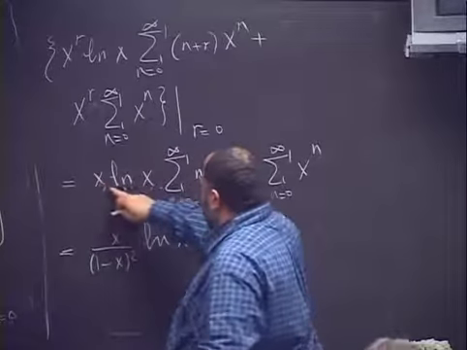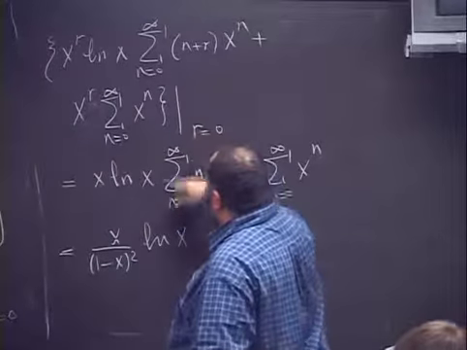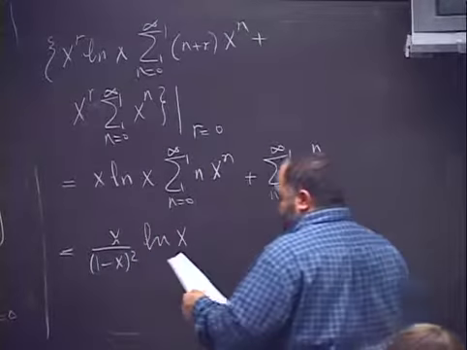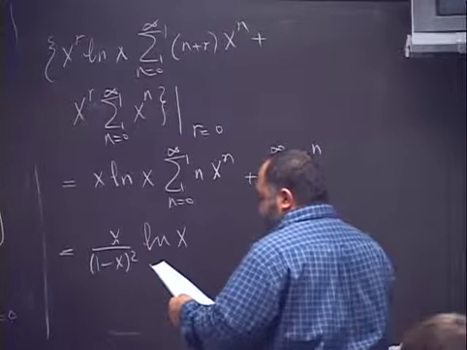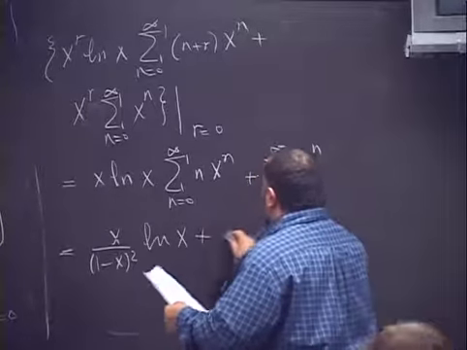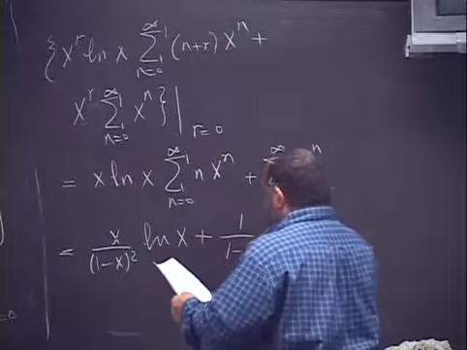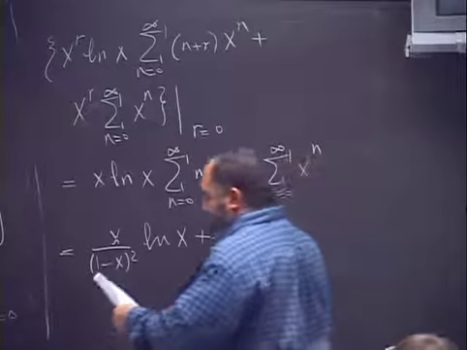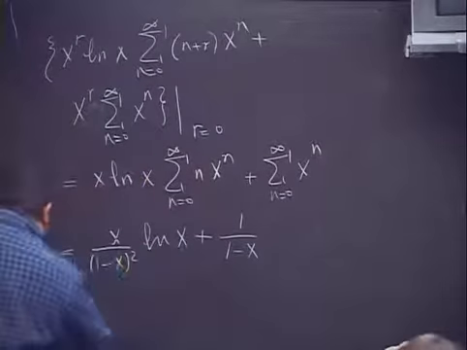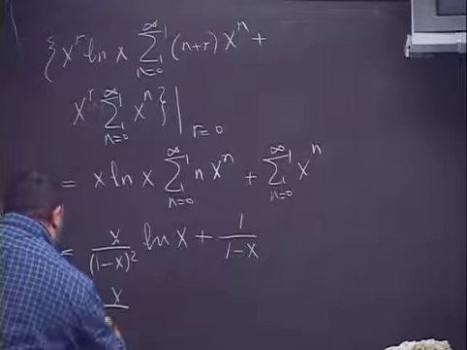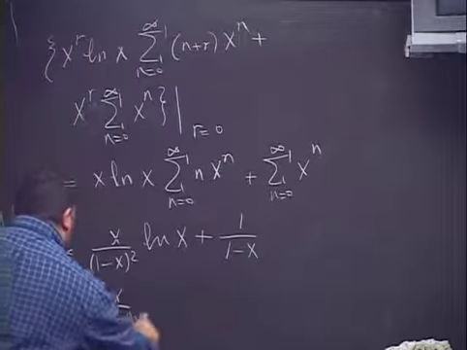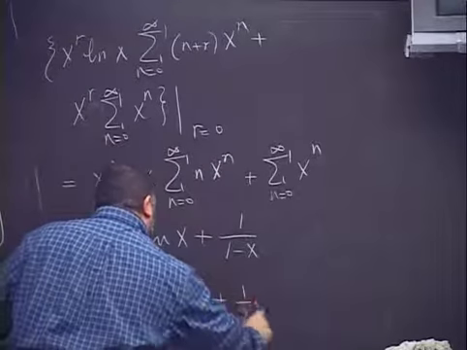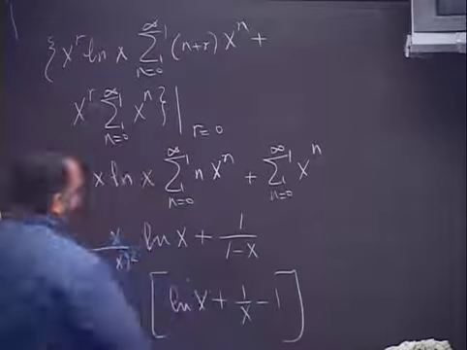So this is x, this is ln x, and this formula here will give you (1 minus x) all squared. And the second one will give you 1 over (1 minus x), which is this formula here. Then you can simplify it to x over (1 minus x) squared multiplied by ln x plus 1 over (x minus 1).